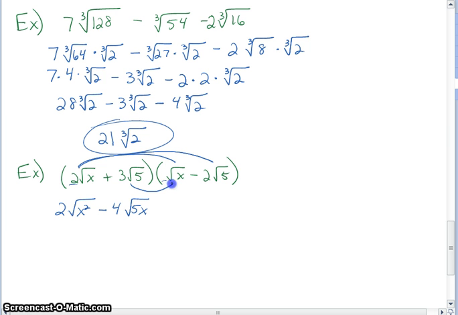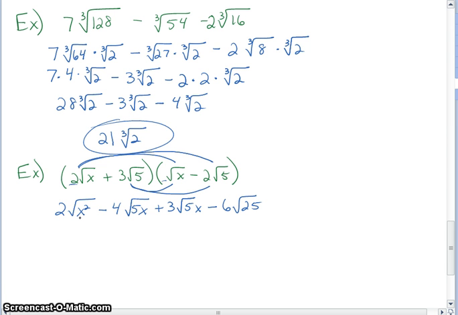Then 3 radical 5 times radical x becomes 3 radical 5x. And then 3 radical 5 times negative 2 radical 5 becomes negative 6 square root of 25. So when I multiply, that's when the number under the radical is changing. If I'm adding or subtracting, it doesn't change.